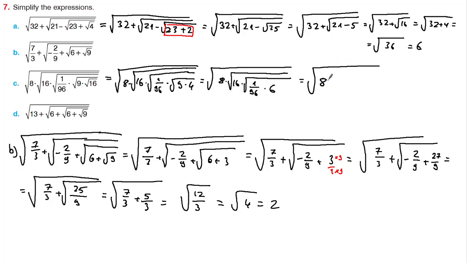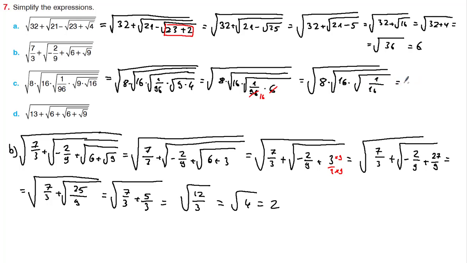Alright. 8 times 16 times. Now, I think we can cancel both by 6, this one here and here, and 96 divided by 6 should be 16. So 1 over 16, square root of 1 over 16.